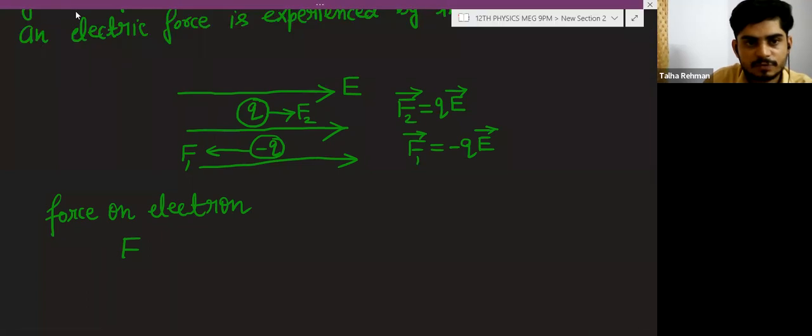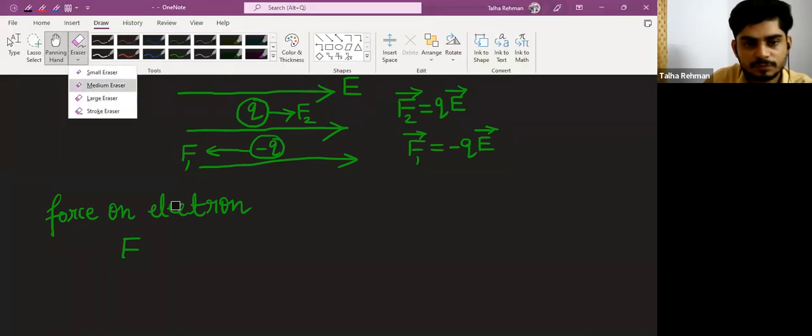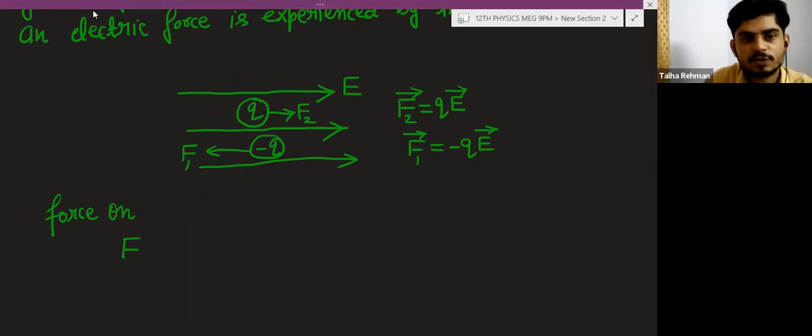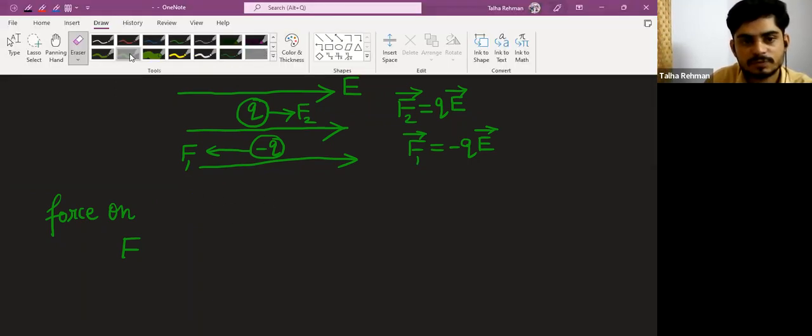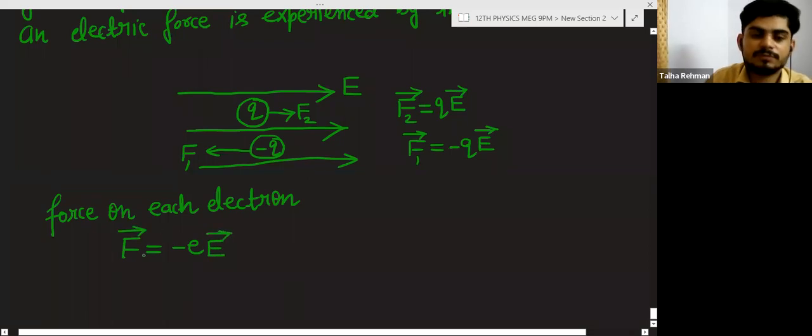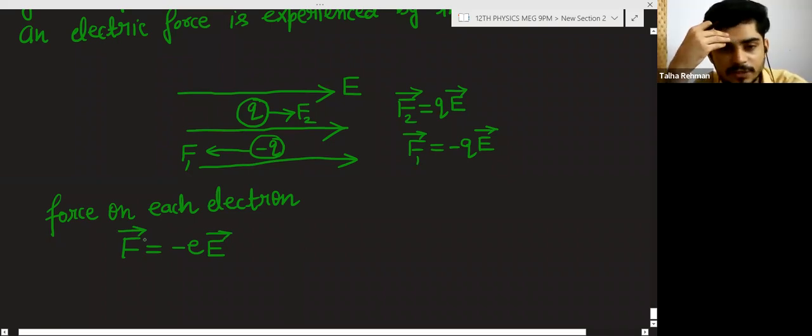Right, force on each electron, because each electron will experience a force, is equal to minus e E, where minus e is the charge on electron, and E is the electric field. This is the force on each electron.